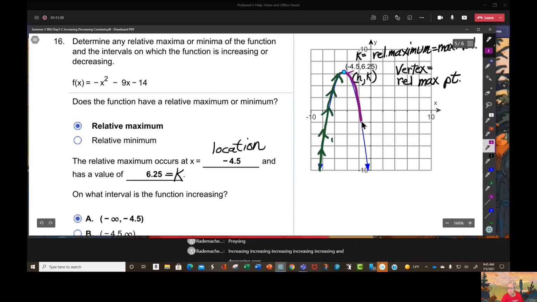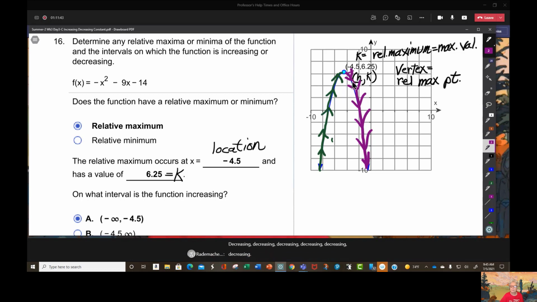Oops. Decreasing, decreasing, decreasing. And so they don't show us an x-axis, but we do know that this x-coordinate is negative 4.5.